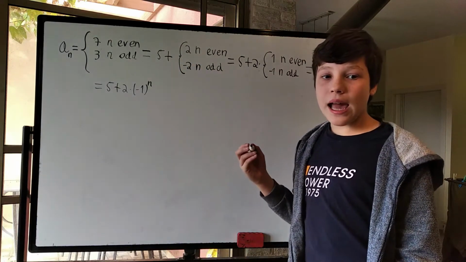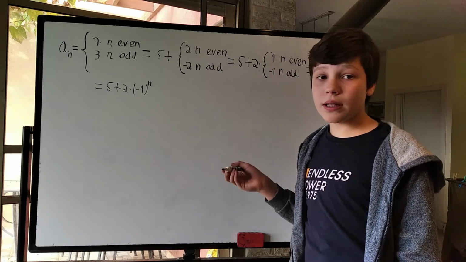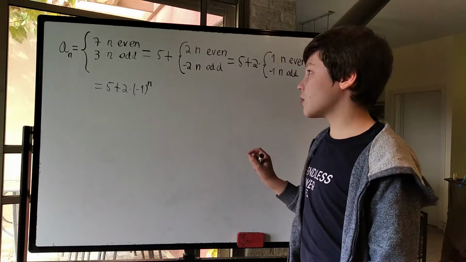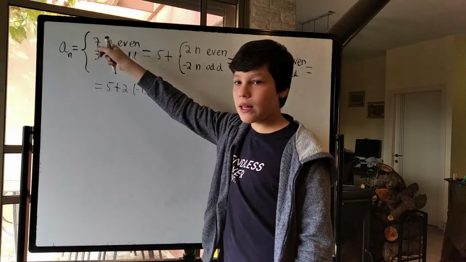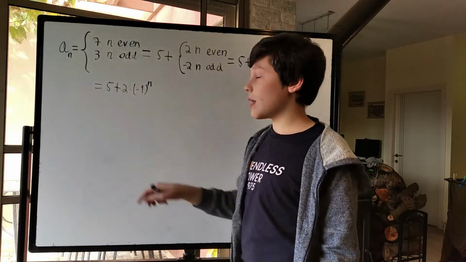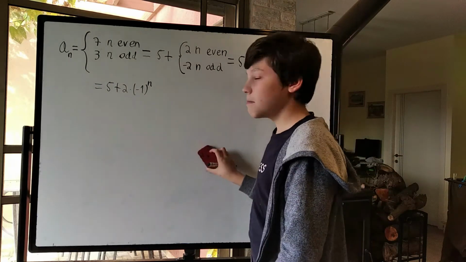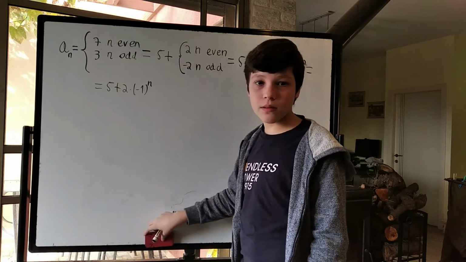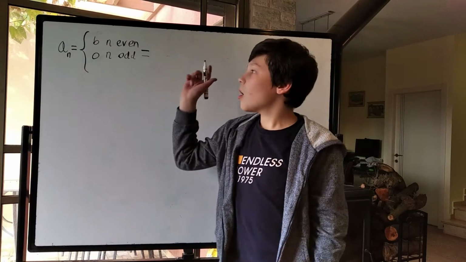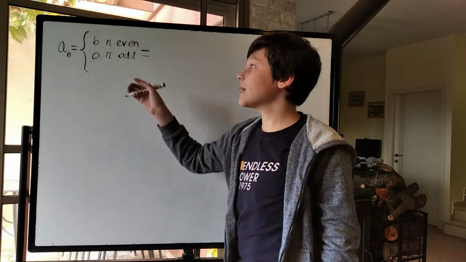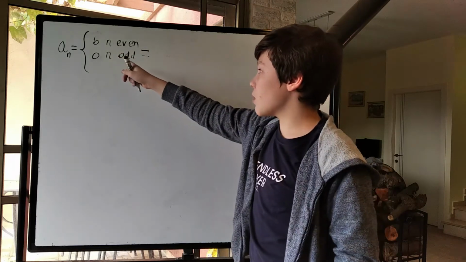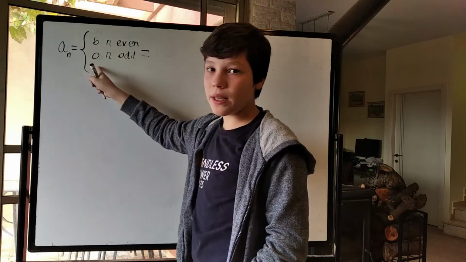Now let's look at a general case, not the most generalized case, where it's something b when n is even, but 0 when n is odd. That's all. Alright, now we have this case. Similarly to previously with 7 and 3, we want something here and negative something here.